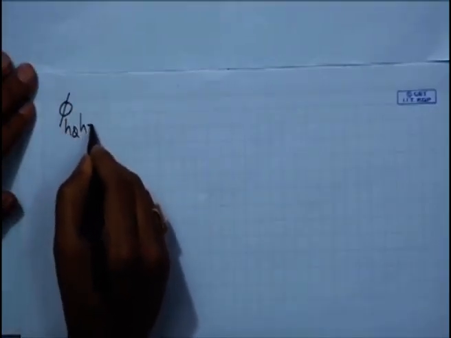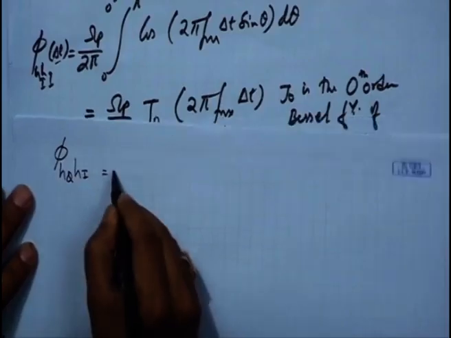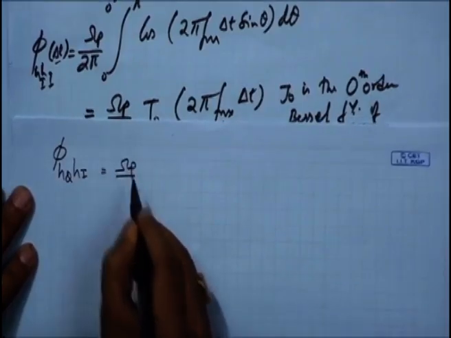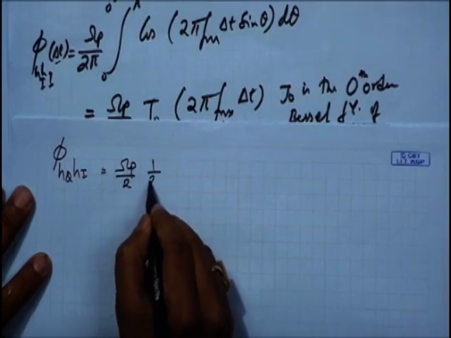h_Q h_I. Now looking at the expression for h_I h_Q, we can more or less guess what will be the h_Q h_I, that is the correlation of the cross components.